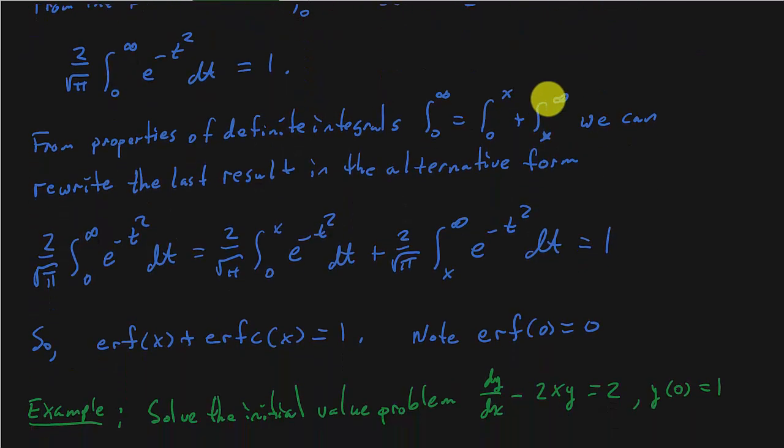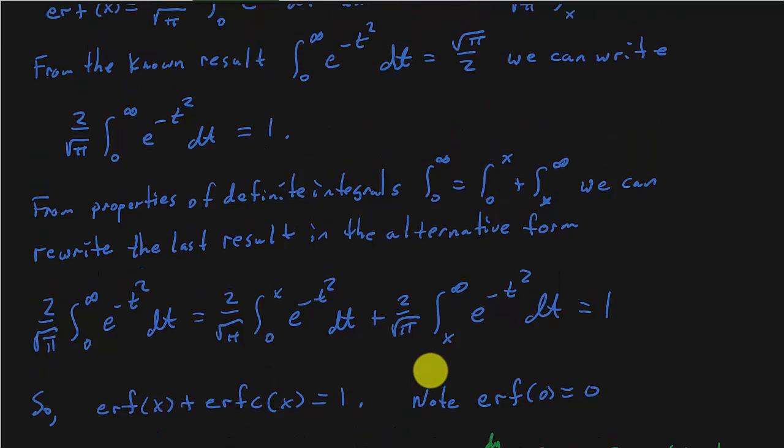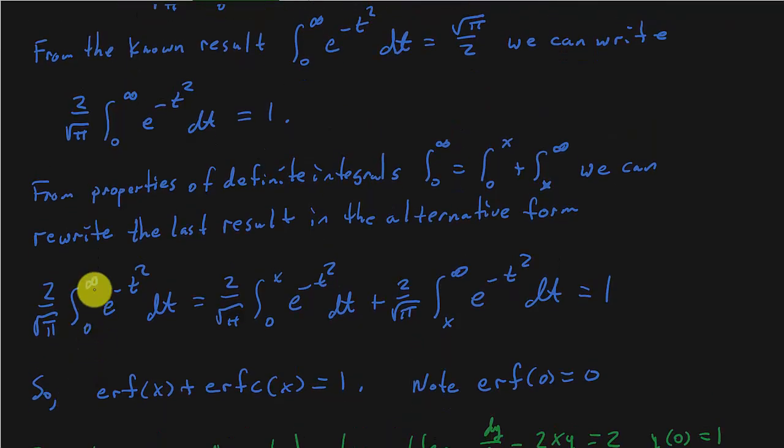From properties of definite integrals, we know that if we're going from 0 to infinity, we can split that up into two integrals, going from 0 to x plus x to infinity. You've done that many times. So 2 times the integral 0 to infinity of e to the negative t squared dt equals the integral from 0 to x plus the integral from x to infinity.